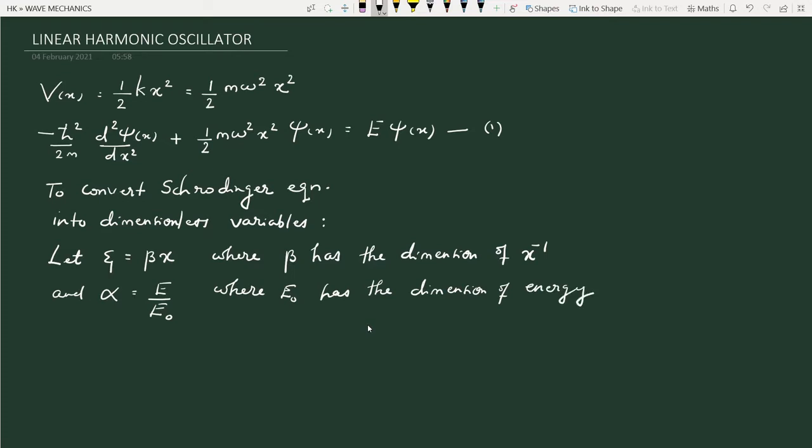So E is energy, and E0 also has the dimension of energy. So E by E0, that is alpha, is dimensionless.